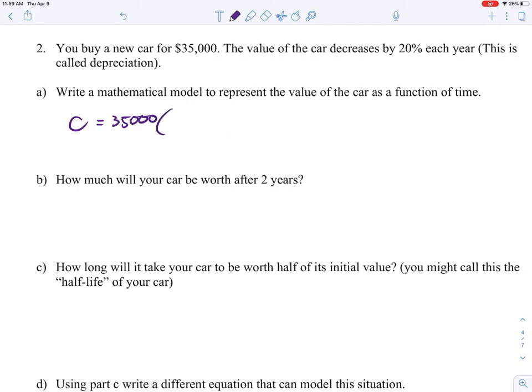It starts at $35,000. Okay, the value is decreasing, so R is going to be negative or minus 0.2 in our equation. And then one period is 1 year, since it says it decreases 20% each year, so we can still do T in years. How much will your car be worth after 2 years?